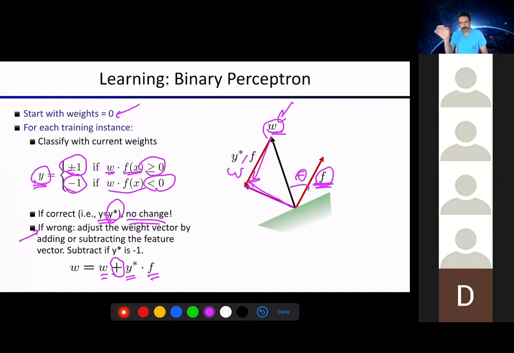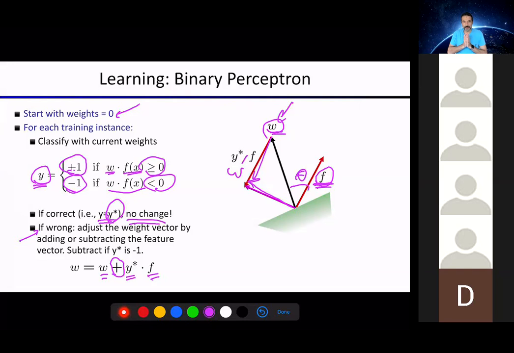So we make an update iteratively, example by example, to this weight vector, with the hope that after we go through all examples, after some iterations, basically the classifier makes no mistake for the training data. Obviously, there's no guarantee that it makes no mistake for the testing data, but we want to do that iteratively until it makes no mistake for training data.